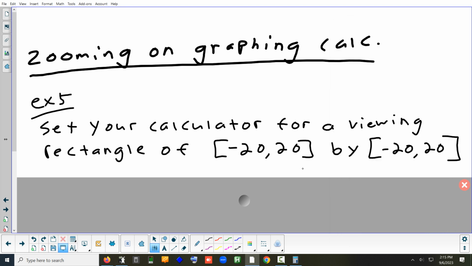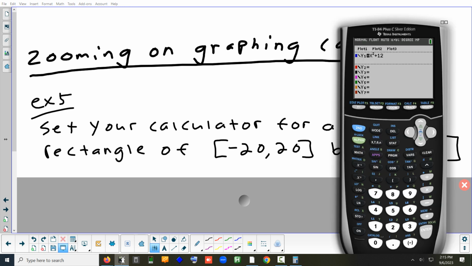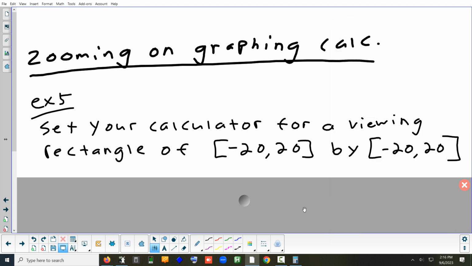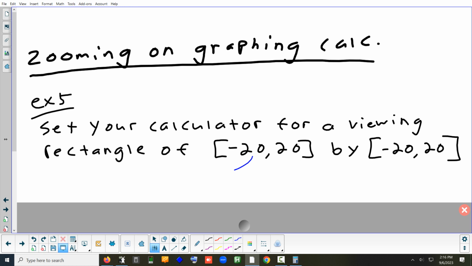Okay, so when they ask you to set a window, they're generally going to give you 4 numbers. Those 4 numbers, if you press the window button, which is right next to y equals, are going to go in this screen. Where they go is for the x min, the x max, the y min, and the y max. I'll tell you which one is which. That is your x min.